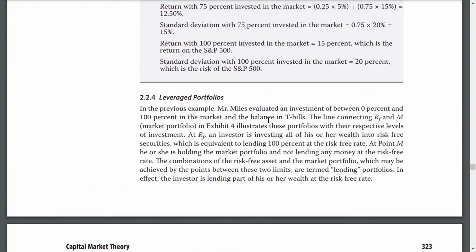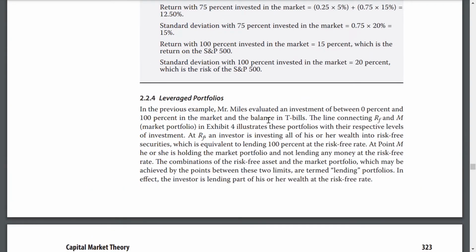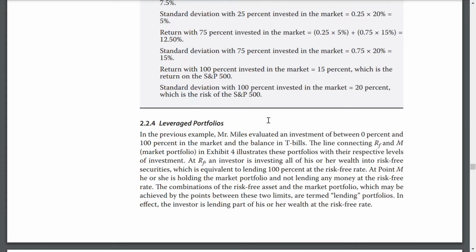Leveraged portfolios. In the previous example, Mr. Miles evaluated an investment of between 0% and 100% in the market, with the balance in T-bills. The line connecting RF and M, the market portfolio, in Exhibit 4 illustrates these portfolios with respect to levels of investment.